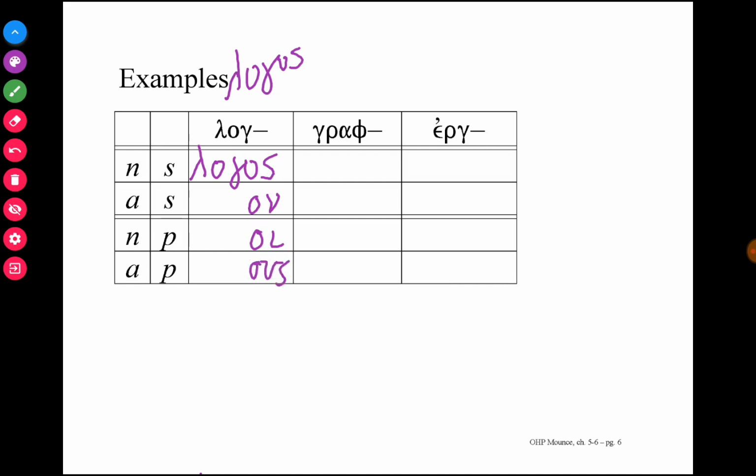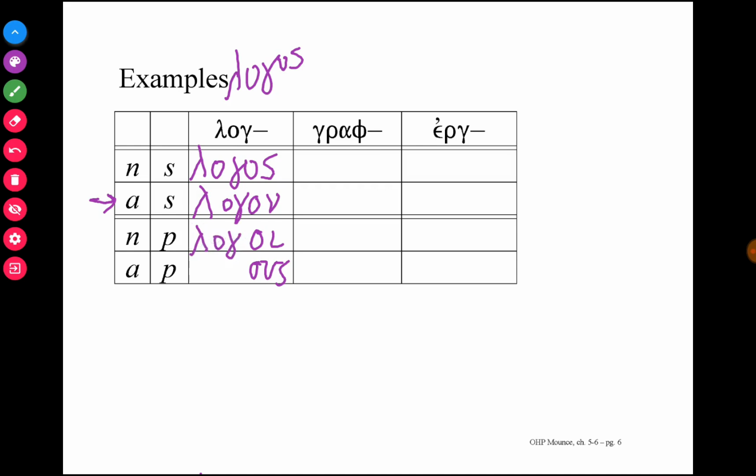So if I want to use the word as a direct object, then I will use the accusative singular form, logon. If I want to use a plural form of the word as the subject of the sentence, then I wouldn't use logos because that's singular.